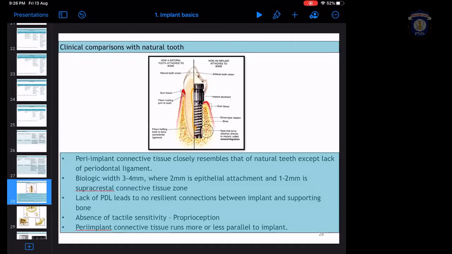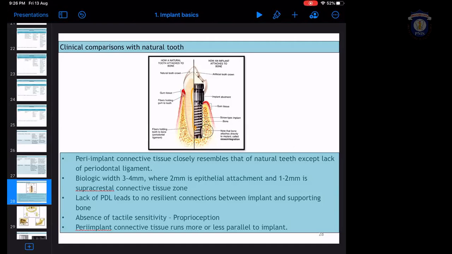The biological width of 3 to 4 millimeters is there with the periodontal ligaments in the natural tooth, with 2 to 3 mm of epithelial attachment and 2 mm of supracrestal connective tissue. Due to lack of periodontal ligaments, there is no resilient connection between the implant and the surrounding bone. Then proprioception is lost because there are no fibers.